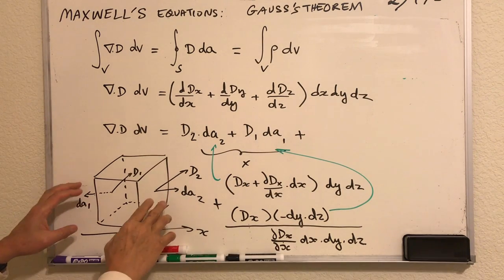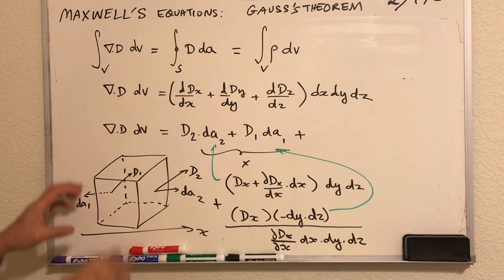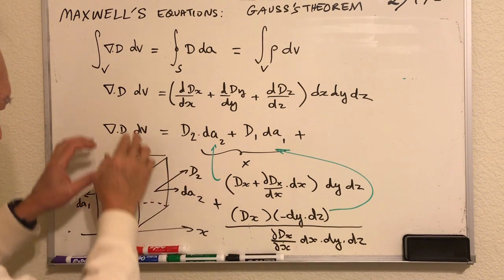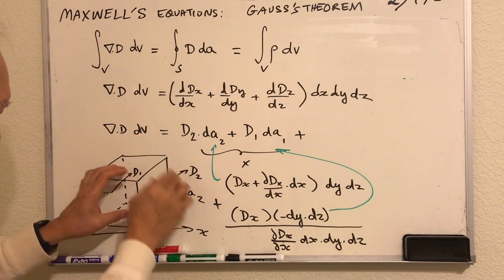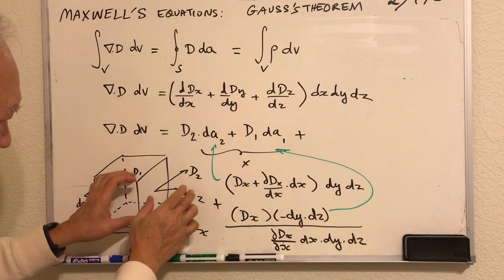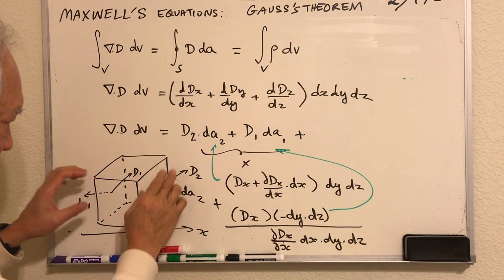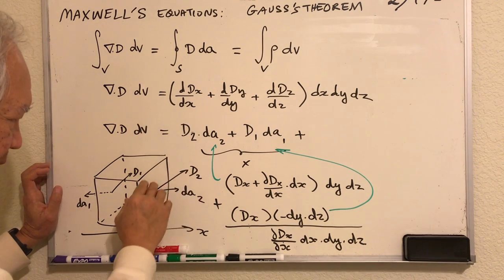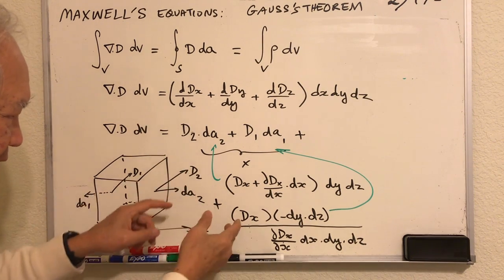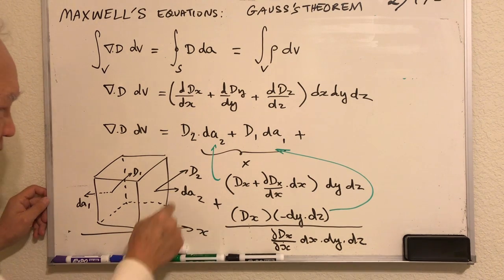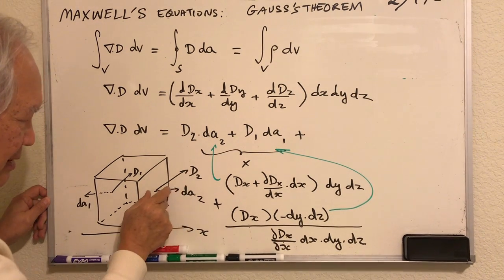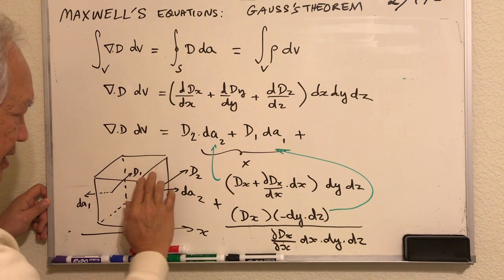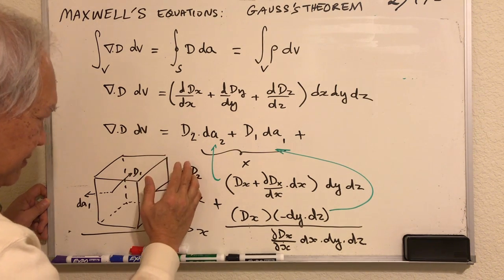Now once we establish this, we can use it for adjacent cubes or unit volumes. All the flows out of one will be cancelled by the flows that go into the other one, simply because you have the same vector, but the normal vector of this surface is exactly opposite to the normal of the other surface, right?